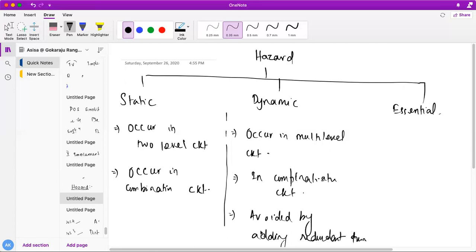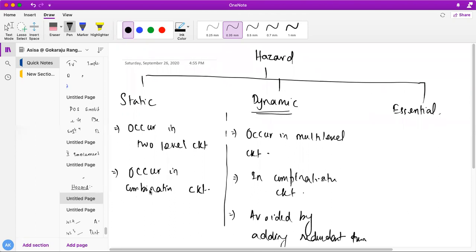Why? Because you have to make the circuit busy for that particular nanosecond of time. How will you make it? Just add a few redundant terms to it, which are actually not there in my circuit, but still you need to add those things in the circuit, which actually avoids the hazard of the circuit.